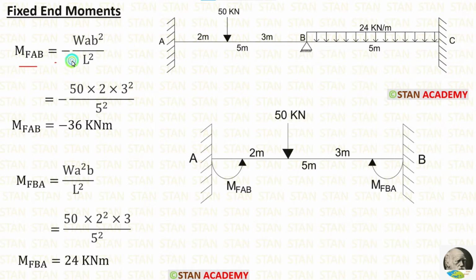M of AB will be negative because it is acting in the anti-clockwise direction. M of BA will be positive because it is acting in the clockwise direction.